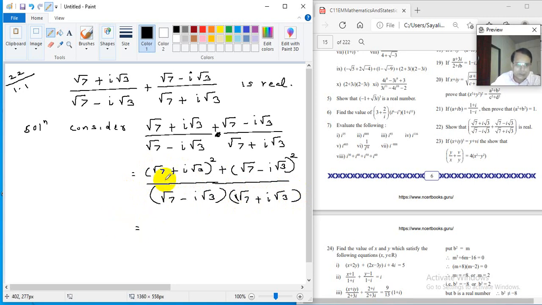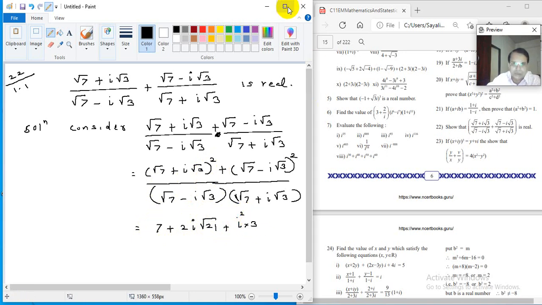Now you can use the a plus b whole square formula. So 7 plus, the middle term will be 2 times I into root of 21, and plus the square of I root 3, which is I square into 3. But I squared is minus 1, so at the beginning we will write I squared into 3.